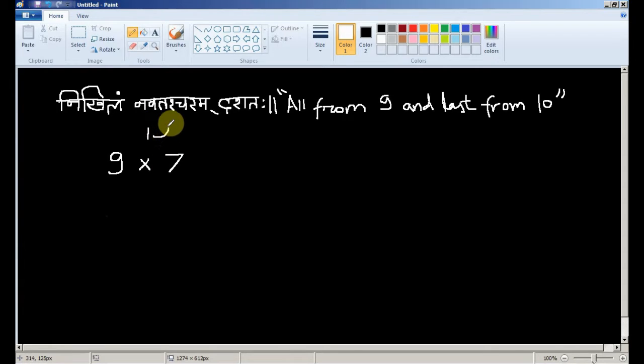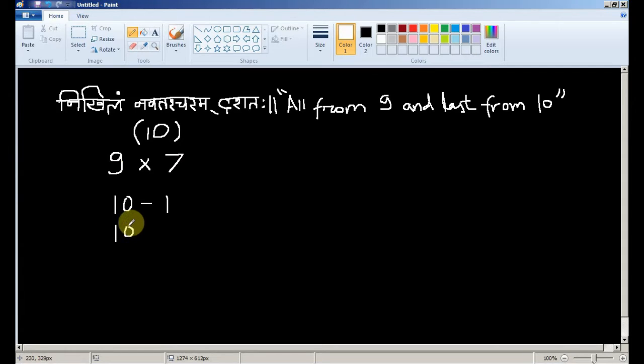Since it is a single digit number, you take 10 as your base. Okay, this is your base. Subtract each number from 10, so you get 10 minus 9, you get 1. Write it like this, and again you have to subtract 7 from 10.